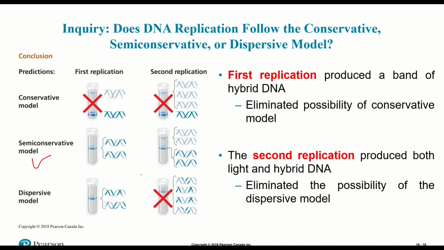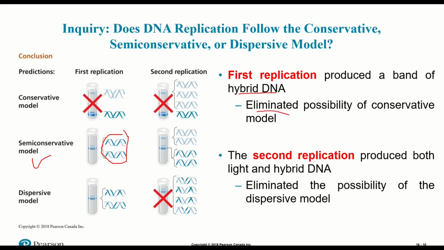You could go back in the video, stop it, and try to draw them and understand what is happening. But remember that just the first replication produces a hybrid DNA. So you will find this is a hybrid: one strand will have the old one and the other will have the new replicated one.